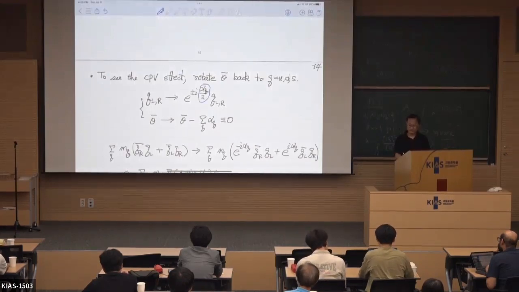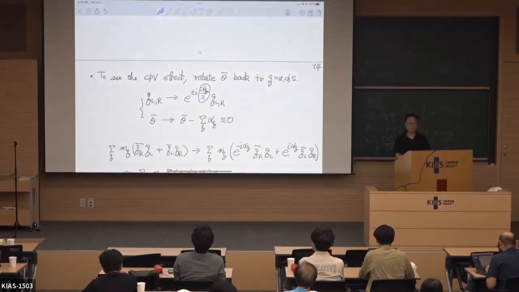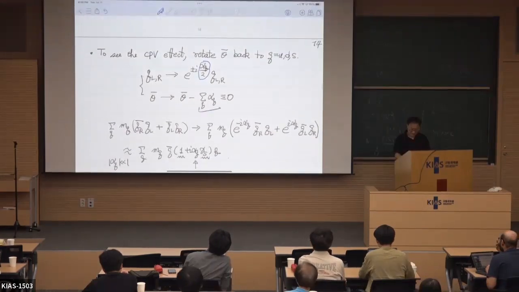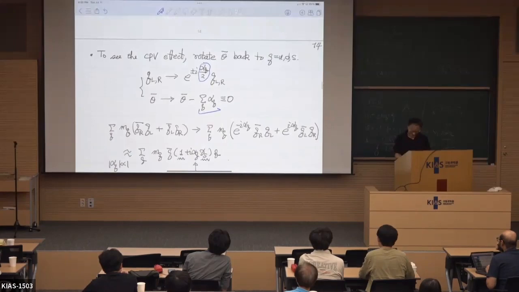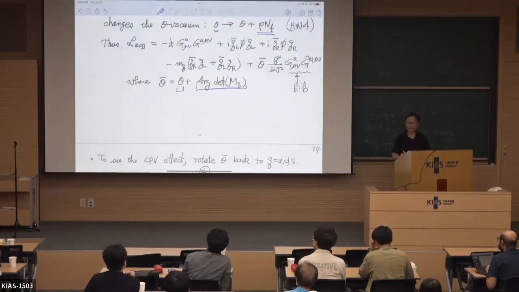Q stands for UDS. For each of U, D, S, we assign some phase, alpha U, alpha D, alpha S. Summing them all, we can remove this operator, meaning we can have theta bar going to 0. But this effect appears somewhere else.